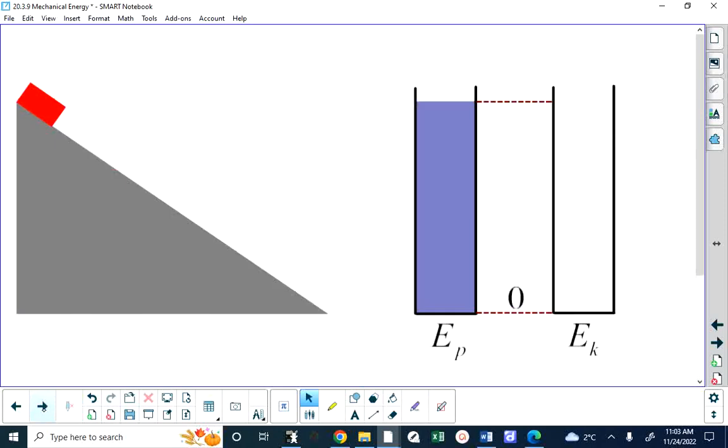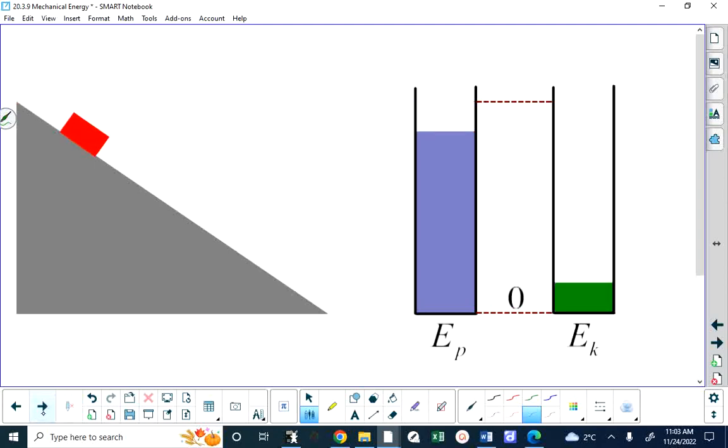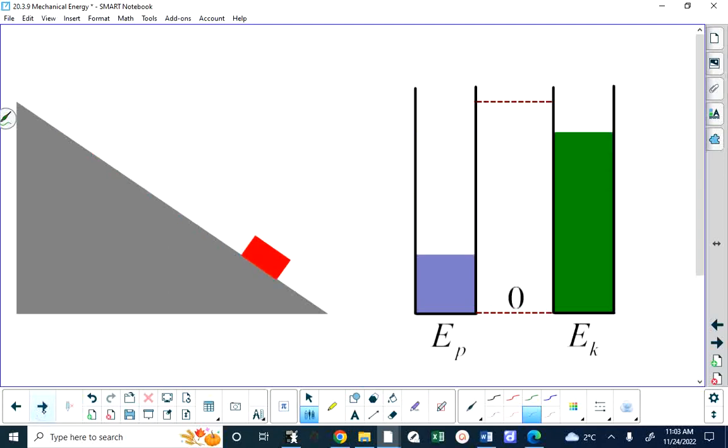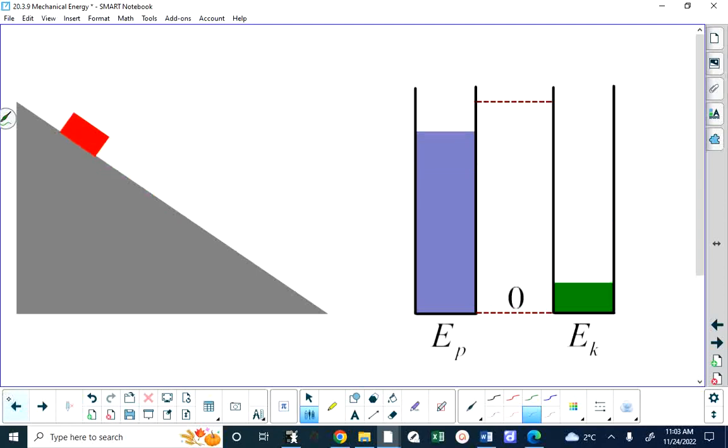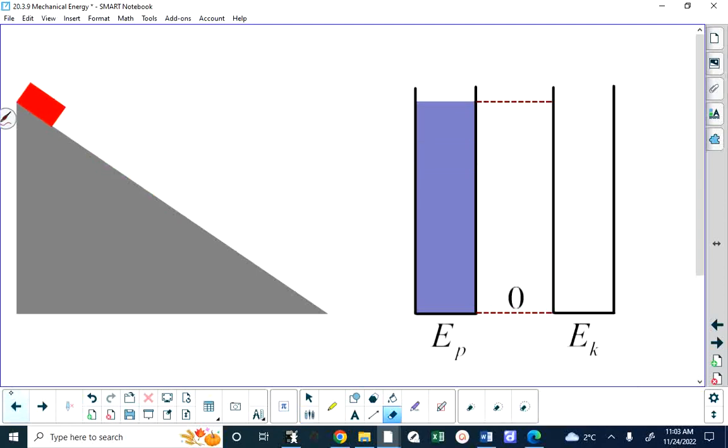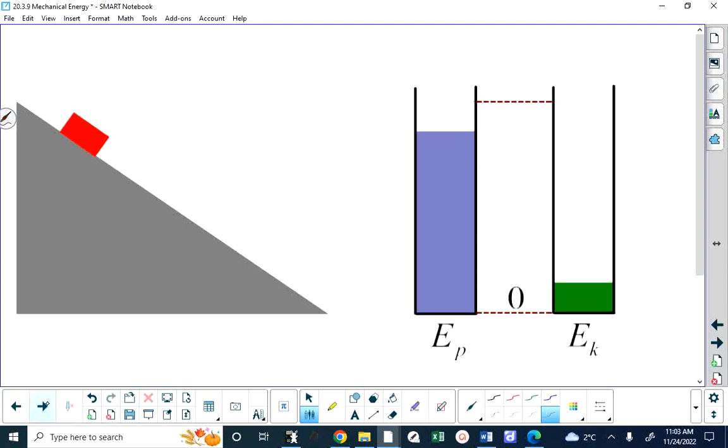So if I were to put a scale on this and say that this is 12 joules of potential, then at this point in time, we have 10 joules of potential and 2 joules of kinetic.